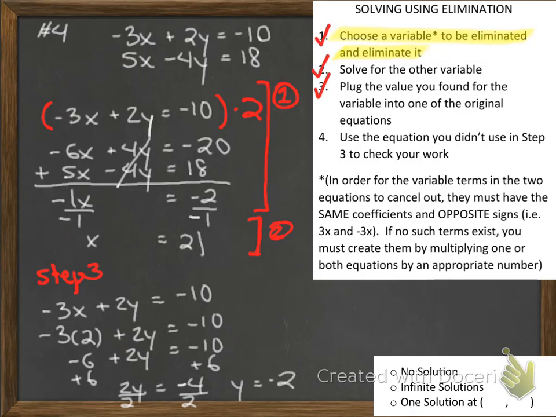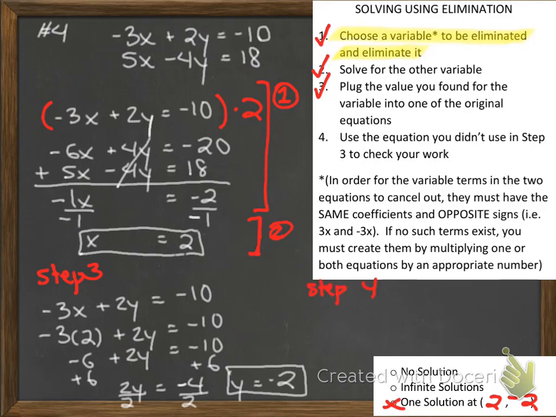Okay, so if we are correct, right, and we don't know yet because we haven't checked our work, but if this is correct, we should get x is positive 2 and y equals negative 2. Okay, but again, it's always a good idea to do that last step there. Okay, so remember in step 3, I use this equation. Another thing to notice is I always go back to the original equation.